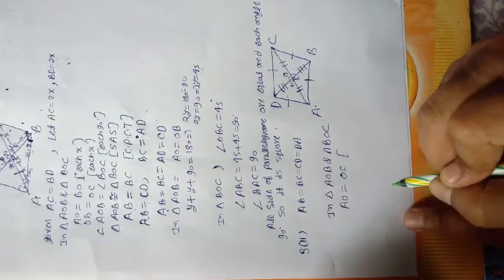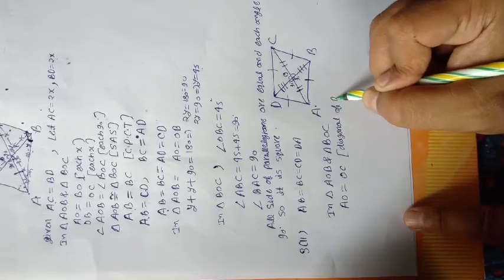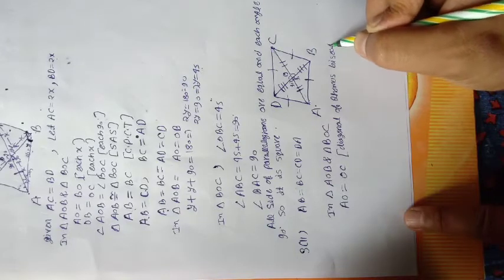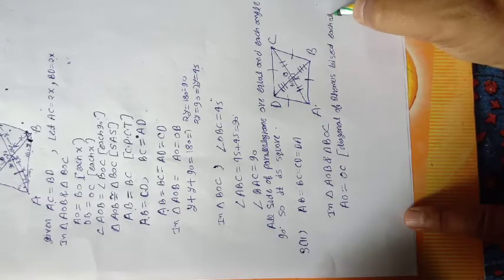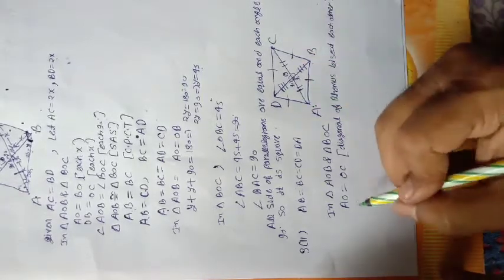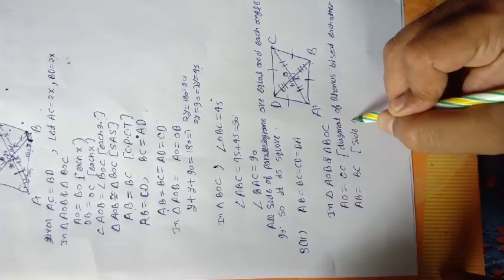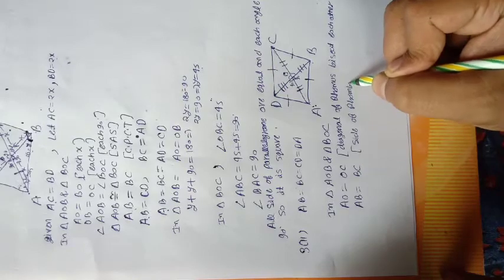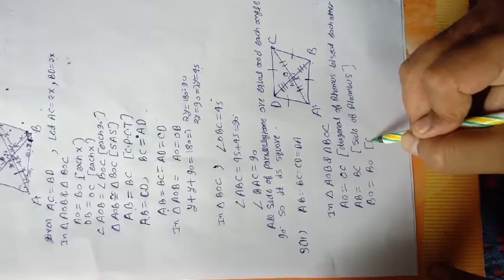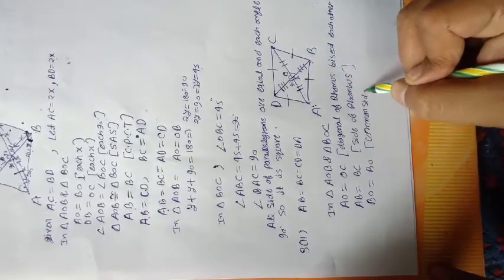Diagonals of a rhombus bisect each other. Okay. Now AB equals BC, sides of a rhombus are equal. Now the third one, BO equals BO, common side.